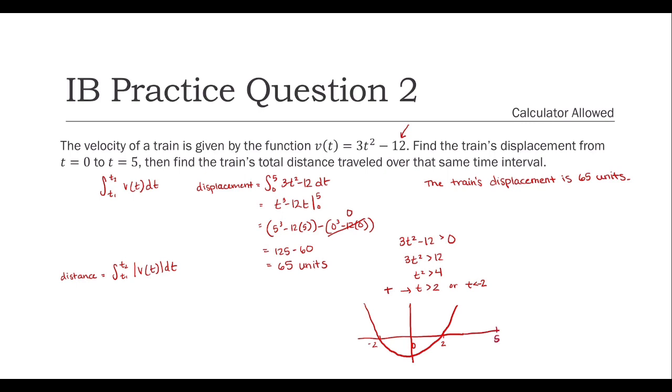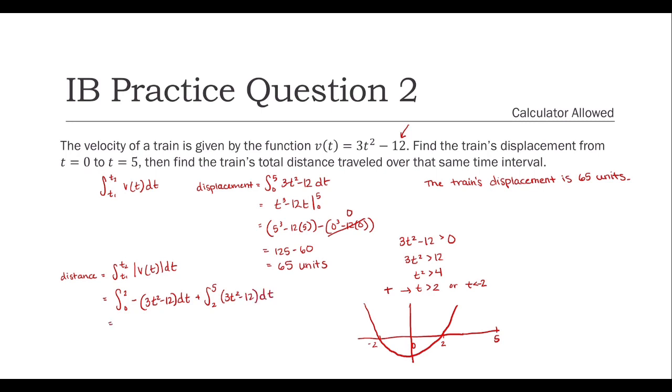So in our window, from 0 to 5, we need to separate it and use negative v of t from 0 to 2. So it's going to equal the integral from 0 to 2 of negative 3t squared minus 12 dt plus the integral from 2 to 5 of 3t squared minus 12 dt.